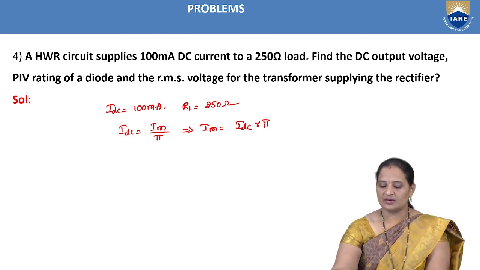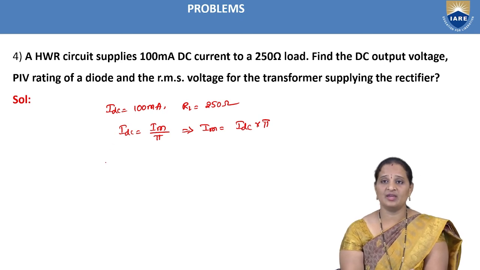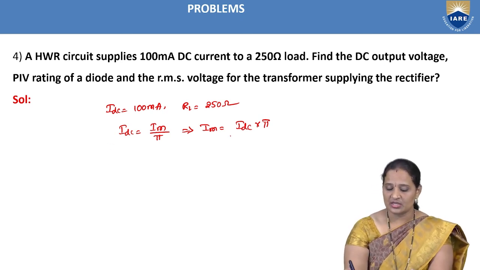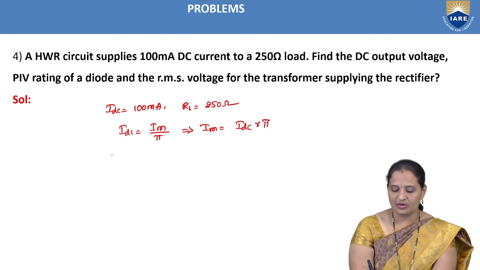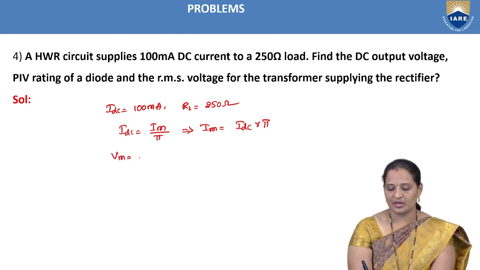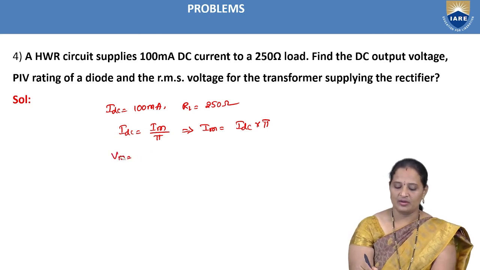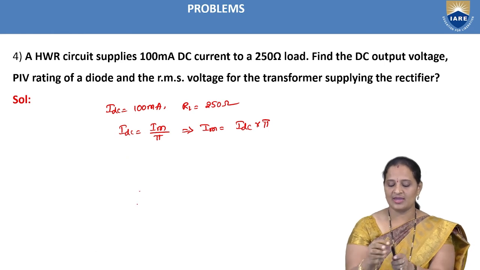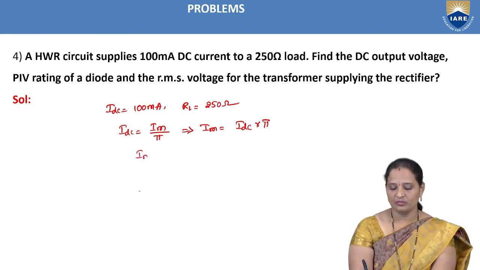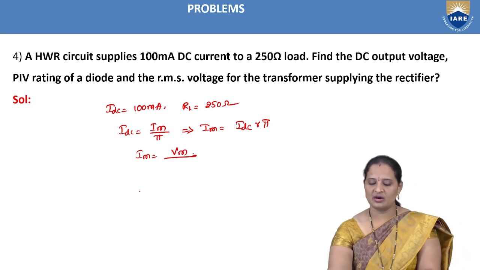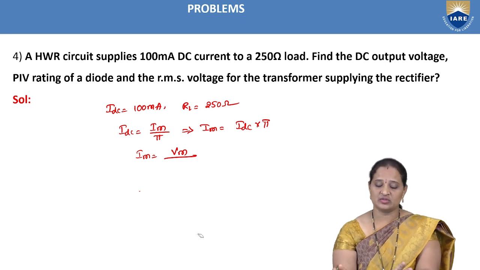Next, find the DC output voltage. If you know Im, you can easily calculate Vm. RF and RS are not given, so that means those are negligible.